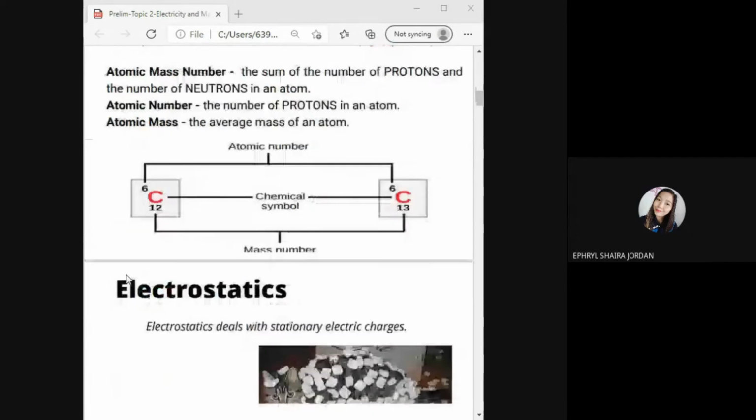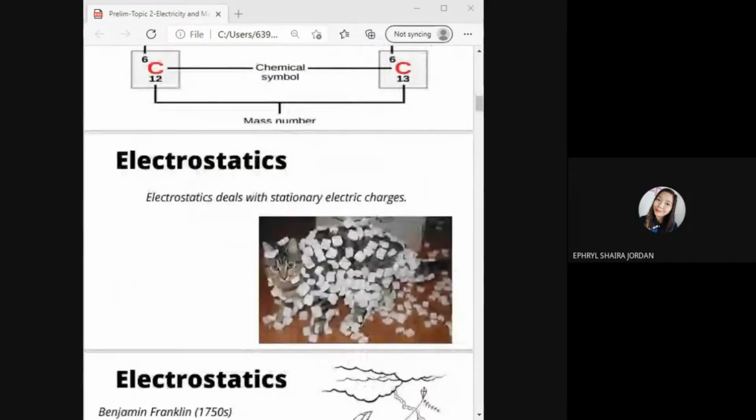So let's start with electrostatics. Electrostatics deals with stationary electric charges. The smallest unit of electric charge is contained in the electron, and it is negative. And the proton likewise contains one unit of positive electric charge.